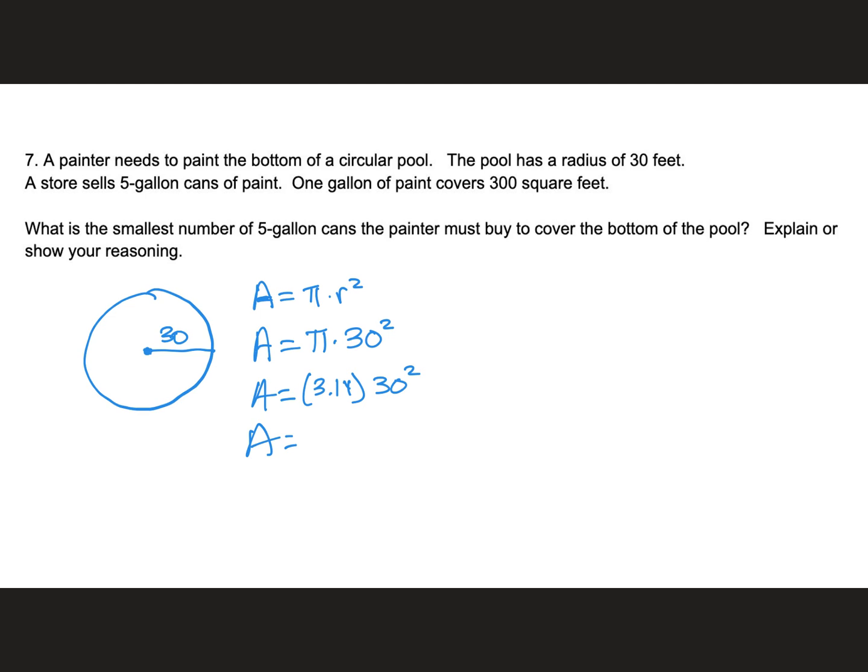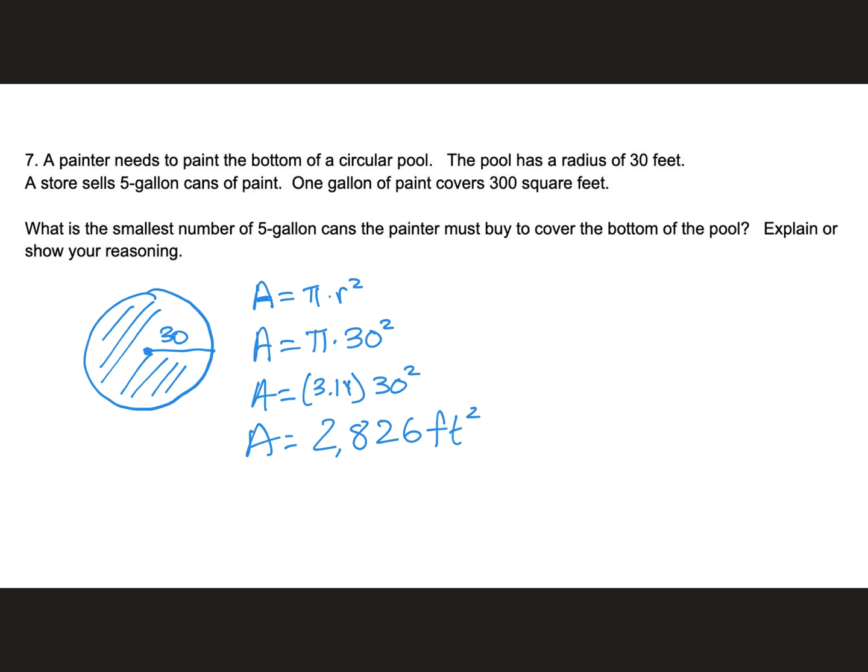Now I'm going to do that on my calculator right now. 30 times 30 times 3.14 equals 2,826 feet squared. So the area of the whole bottom of the pool is 2,826 square feet.